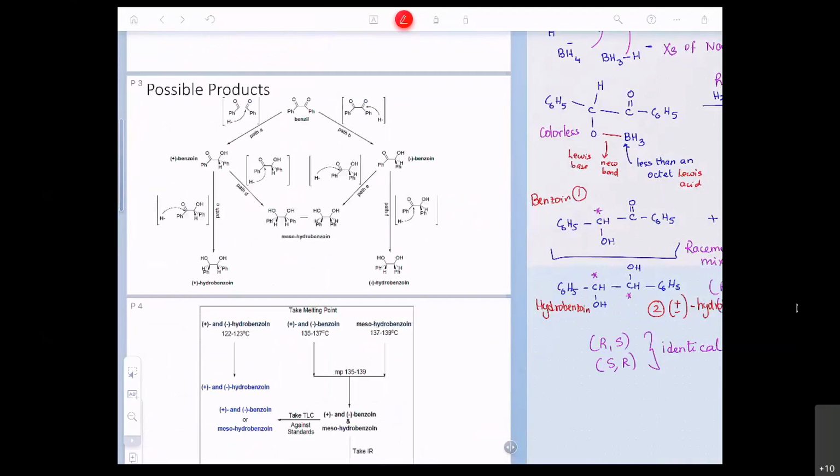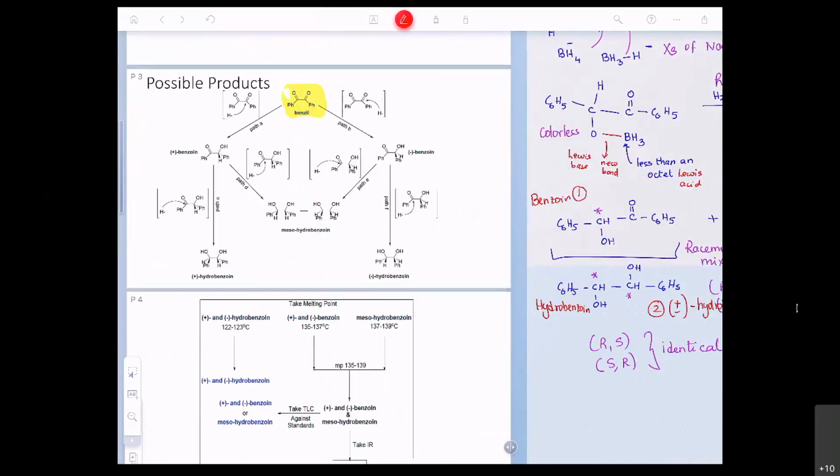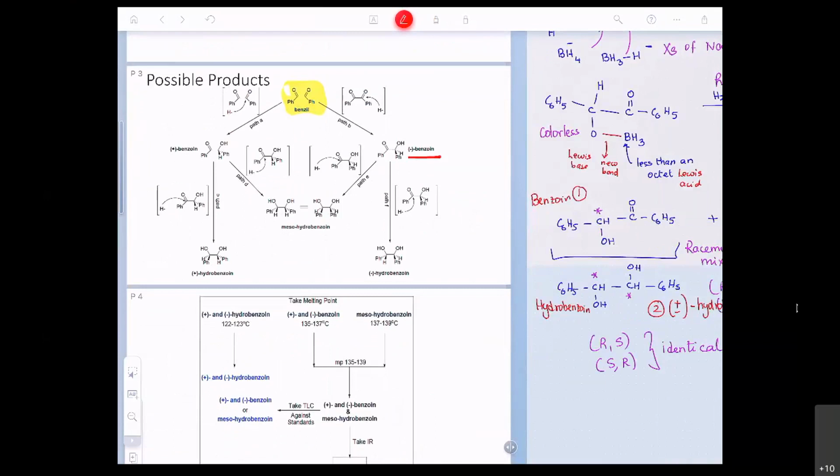Here's the mechanism of the reaction, where you start with the benzil right in the middle here. Okay. You can get the plus and the minus benzoin depending on whether the hydride attacks from the bottom or attacks from the top. Okay, so that's what happens. And then you can get the complete reduction where you can get the hydrobenzoin.